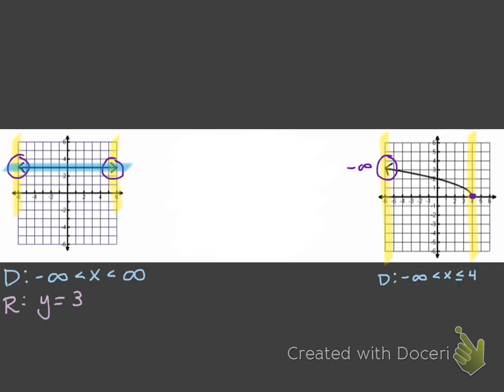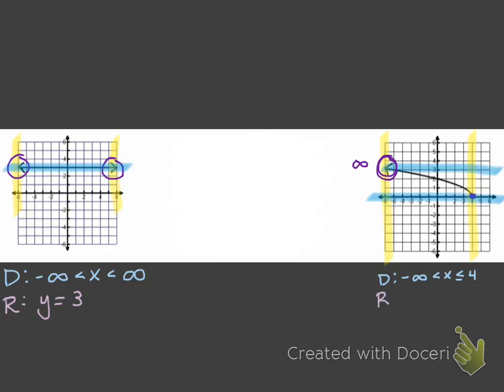For our range, the lowest y value that it hits is going to be 0. And if we try to box this in once again, we hit an arrow. But in terms of our range, instead of negative infinity, our range is going in the positive direction. So positive infinity for the range.